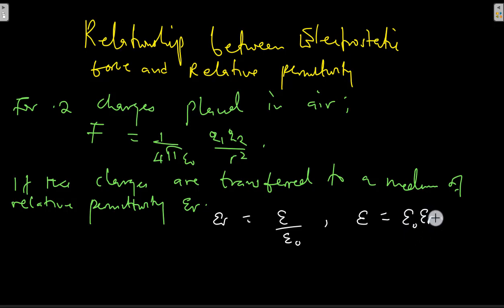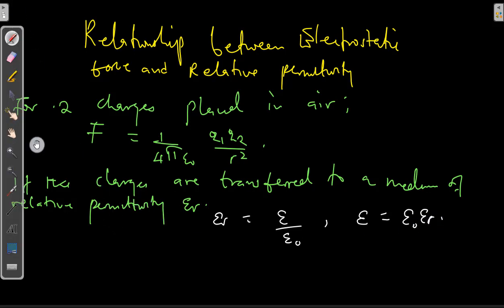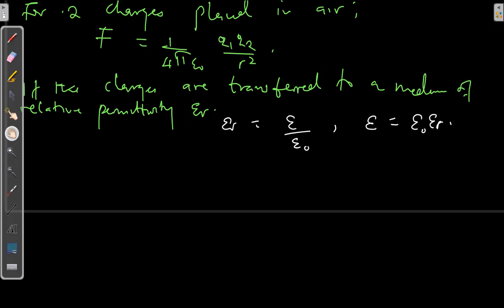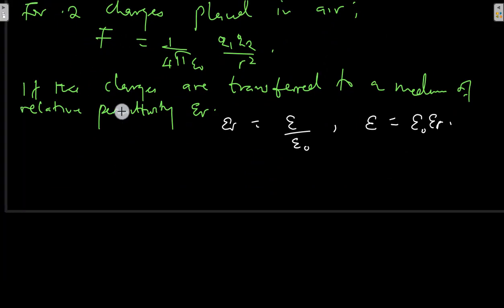This is very important. So the electrostatic force in this case, in a medium of relative permittivity epsilon r, is going to be 1 over 4 pi epsilon Q1 Q2 over r squared. Notice this is epsilon, not epsilon naught, they are different.